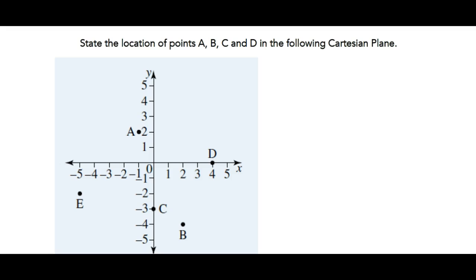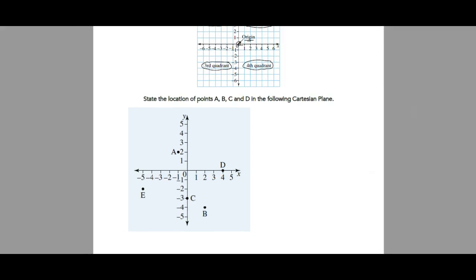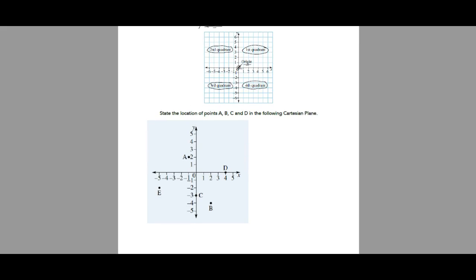If I compare the two diagrams, the top one and the bottom one, I notice point A is in the second quadrant. Point B, as we notice here, is in the fourth quadrant. Point C. Look at point C carefully.